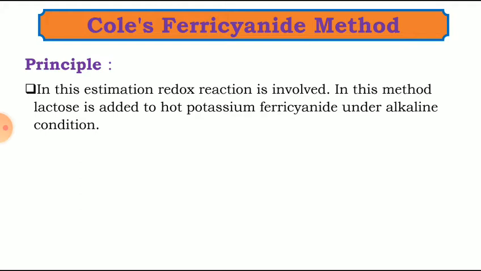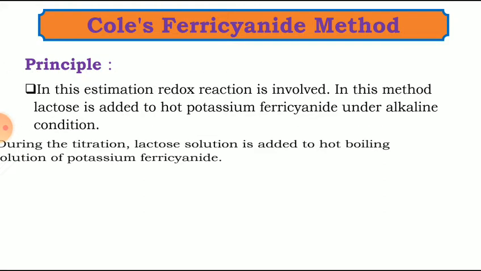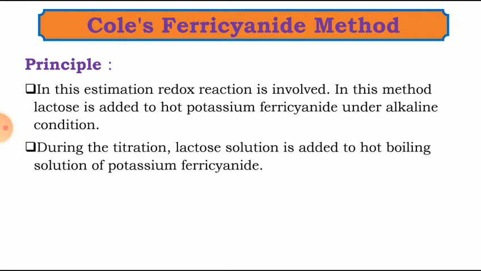In this method, the sugar solution is added to hot potassium ferricyanide under alkaline condition. During the titration, the solution is added to a hot boiling solution of potassium ferricyanide.